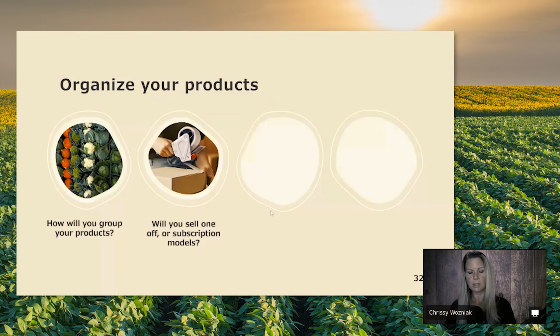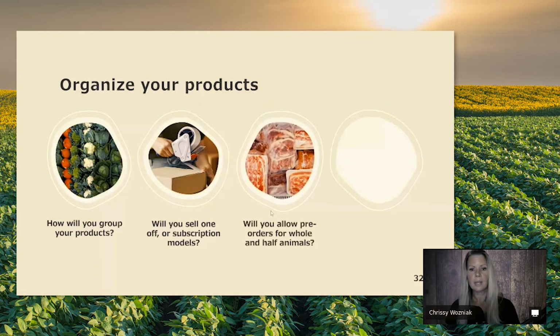You can really start depending on your income once you have these subscriptions set up. Will you also allow for pre-orders of whole and half animals, or if you grow a certain fruit that's only available one time of year, you could also allow for pre-orders and accept deposits. So think about those things as you're starting to think about your store.